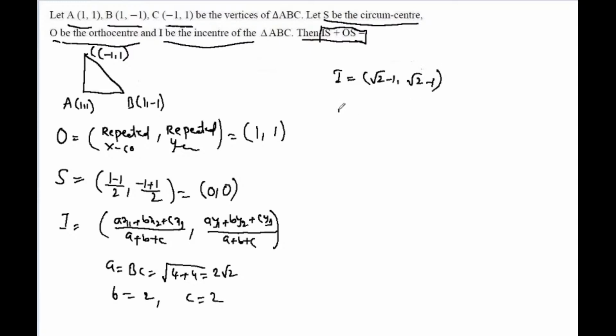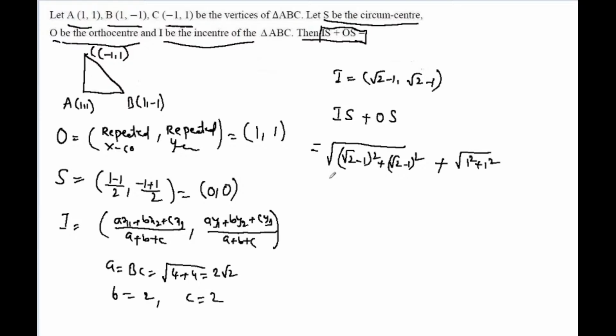Now we find IS plus OS, where I is (root 2 minus 1, root 2 minus 1) and S, the circumcenter, is (0, 0). That is the square root of x square plus y square, that is root of (root 2 minus 1) whole square plus (root 2 minus 1) whole square, plus OS, the distance from the orthocenter to the circumcenter, that is root of 1 square plus 1 square, that is root 2.